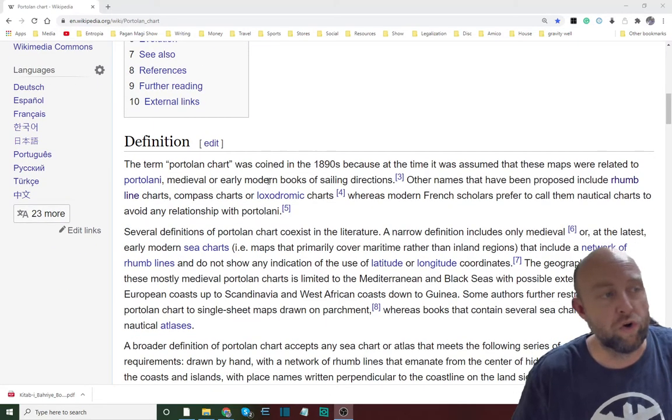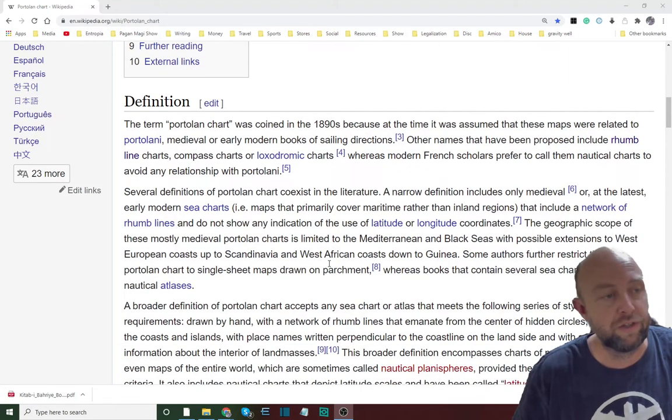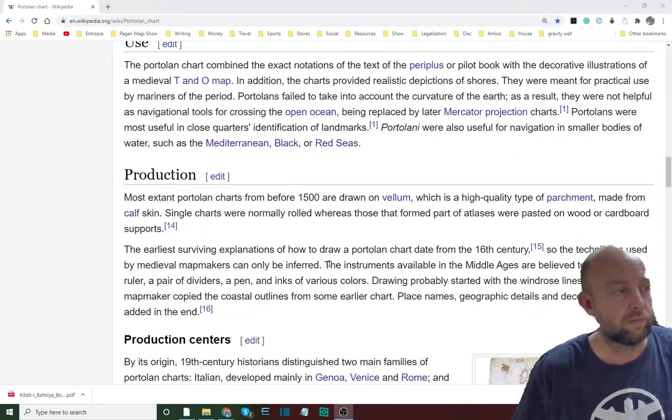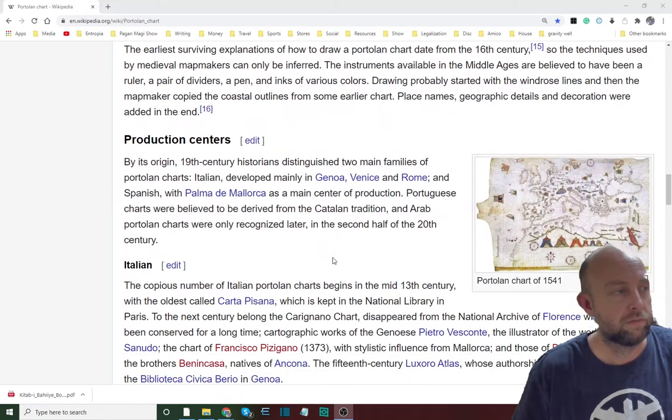Right, the term Portolan chart was coined in the 1890s because it was assumed they were related to Portolini, but some other people said that it was related to the word ports. By its origin, 19th century historians distinguished two main families of Portolan charts.